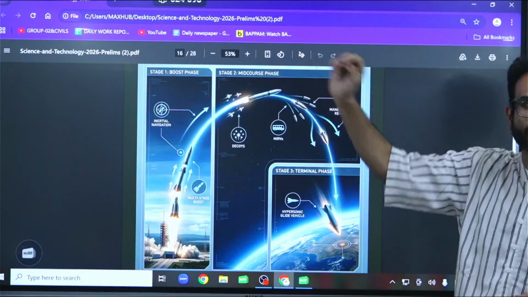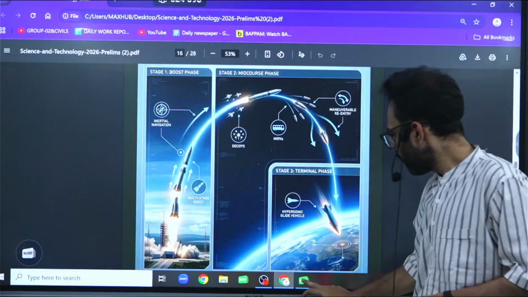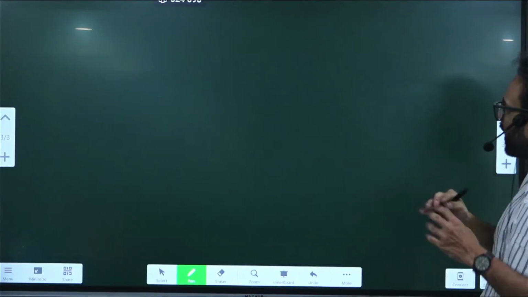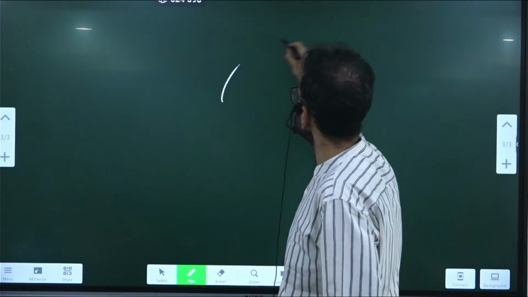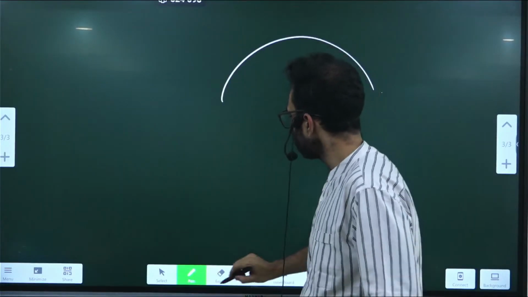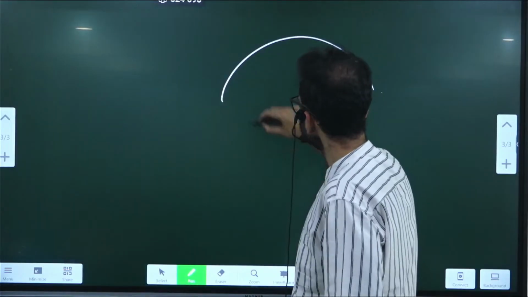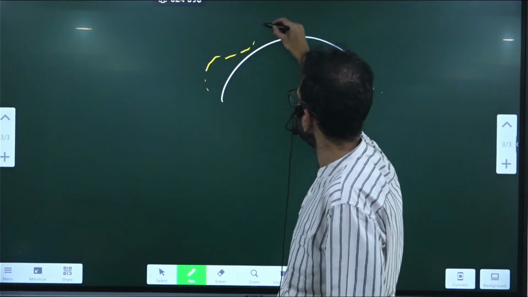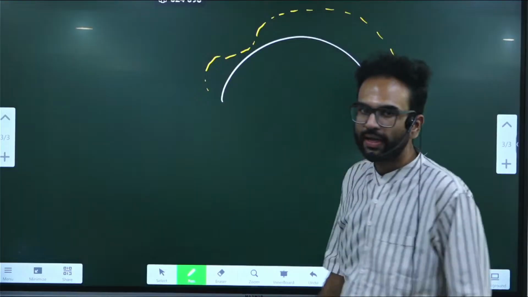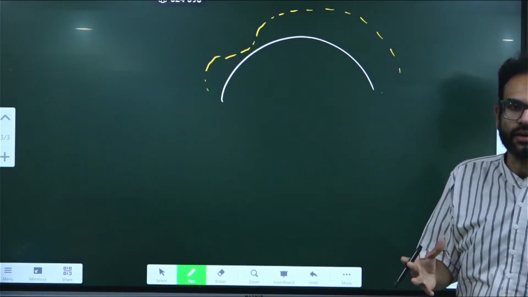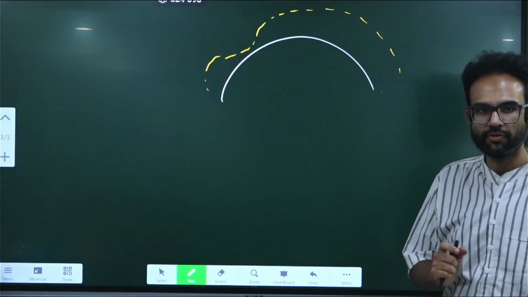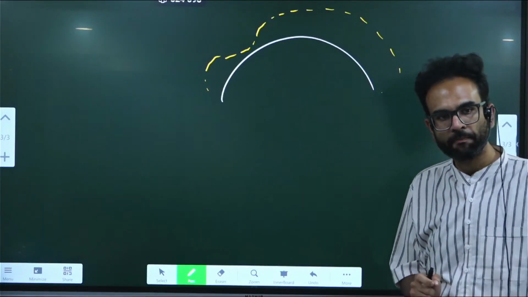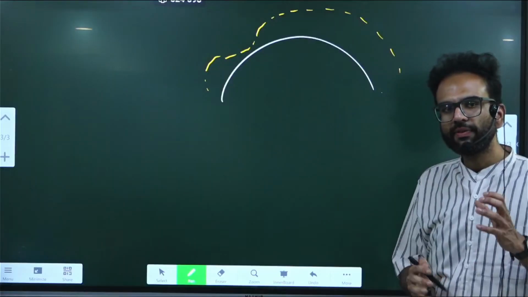Why is it entering space? To understand this, you have to know some basics about aerodynamics. This is Earth, and on the Earth's surface you have a thick blanket of air, the atmosphere. Up to 8 kilometers of atmosphere, definitely. The nature of air is that it creates friction.